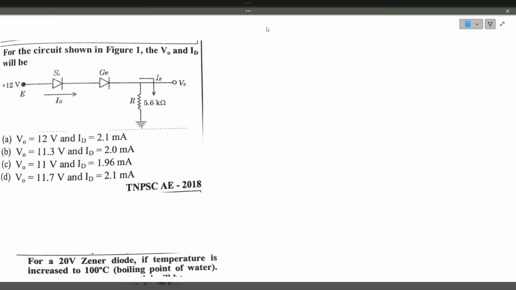For the circuit shown in the figure, find the output voltage Vout and the diode current. The current flows in this direction, which is already given. So by applying KVL, you will get input voltage E minus the silicon diode drop, that is 0.7 volts, and minus the germanium diode drop, that is 0.3, and minus resistance R into I is equal to 0.